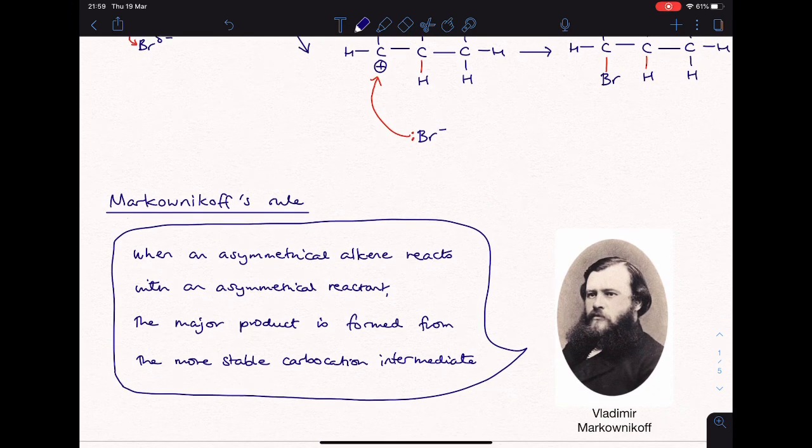Markownikoff's rule says when an asymmetrical alkene reacts with an asymmetrical reactant, the major product is formed from the more stable carbocation intermediate. So we need to look at the relative stabilities of different carbocations in order to apply Markownikoff's rule.